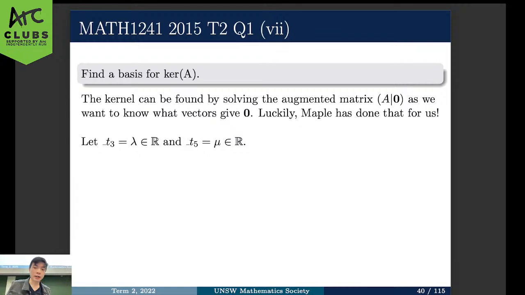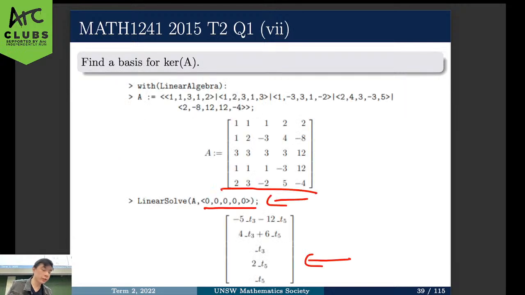So we essentially just need to define our scalars. We have _t3 and _t5 being equal to lambda and mu. The reason I've done this is because in its outputs, Maple gives the scalars by these terms.